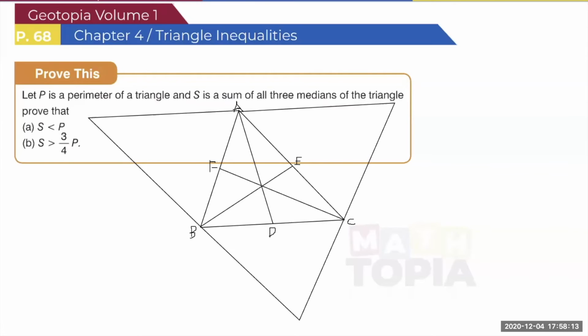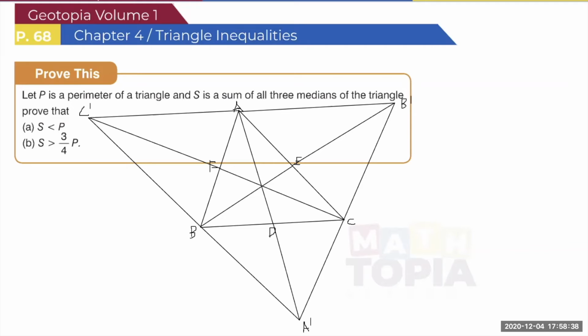So we'll call this B prime, that's a parallelogram. BAC, A prime, that's also a parallelogram. BCAC prime is also a parallelogram. So now we extend the medians, and we keep in mind that they're parallelograms.